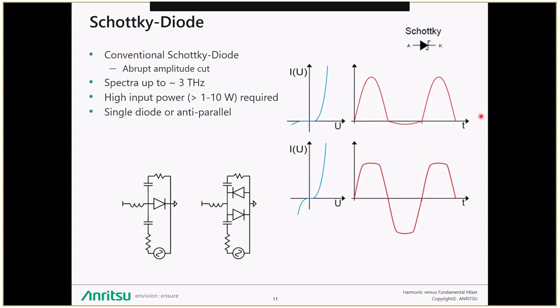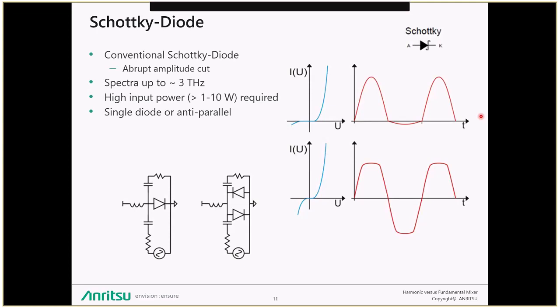One of the most common technologies used for these mixing devices is the Schottky diode. A conventional Schottky diode will present a very abrupt amplitude cut in the input signal. It's this amplitude cut that will give us at the output a frequency response very rich in harmonics, very high in frequency.